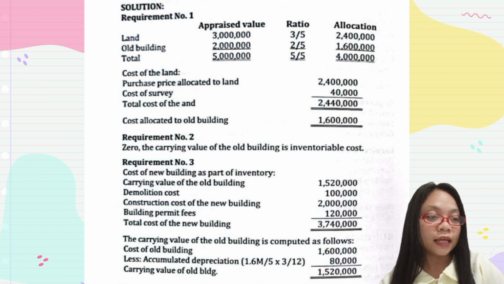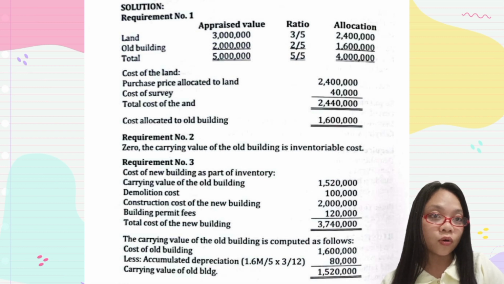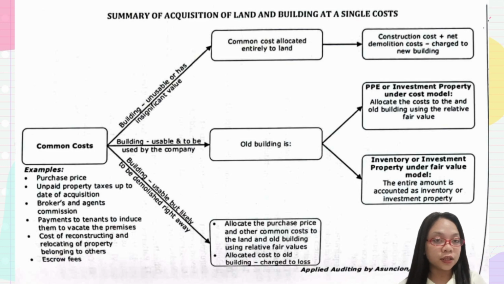And we also add what we need to pay, which is the building permit fees of 120,000. And then, the total cost of the new building, or the cost of inventory, is 3,740,000.